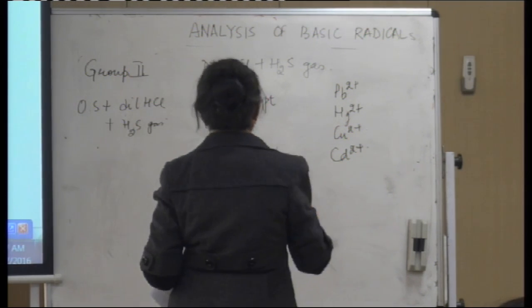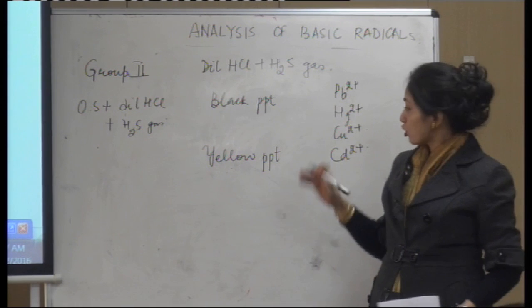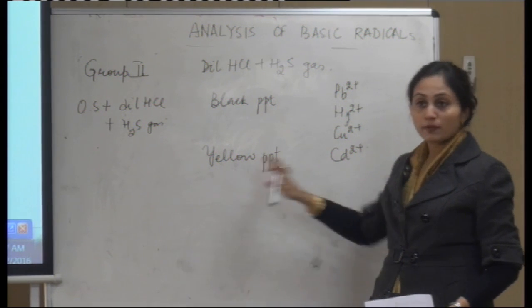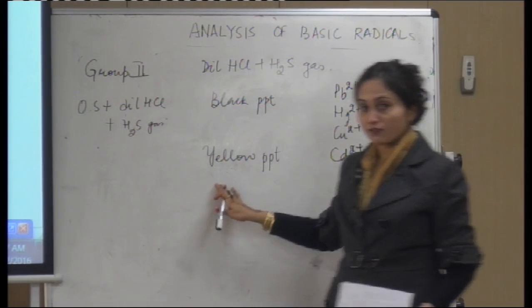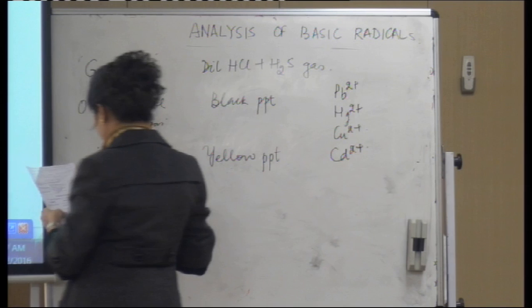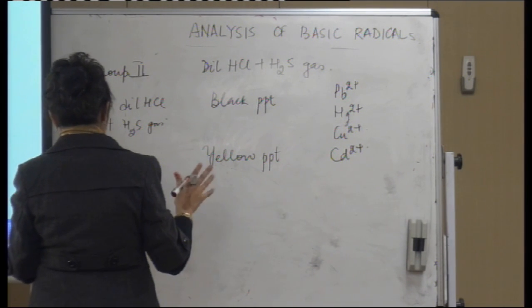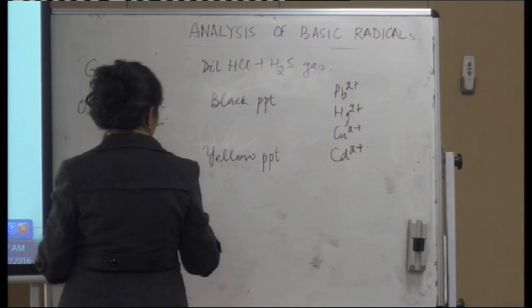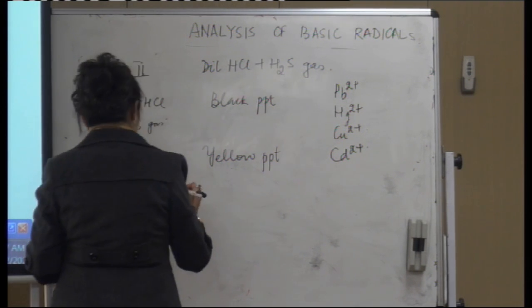And I know everyone is in a hurry to complete your salt analysis quickly. So remember that if you get a yellow precipitate, it is Cd2 plus, and what will that yellow precipitate be? CdS, cadmium sulfide. Okay. Remember that cadmium sulfide dissolves in 50% HNO3, and I'll give you one basic reaction for that.